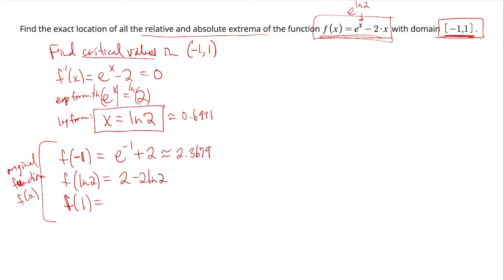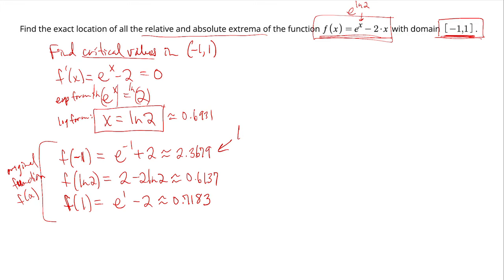I get 2 minus 2 ln of 2. Lots of 2's. When I plug that in the calculator, I get approximately 0.6137. Last one, I'll end up getting e to the first power minus 2, or just e minus 2, which is approximately 0.7183.